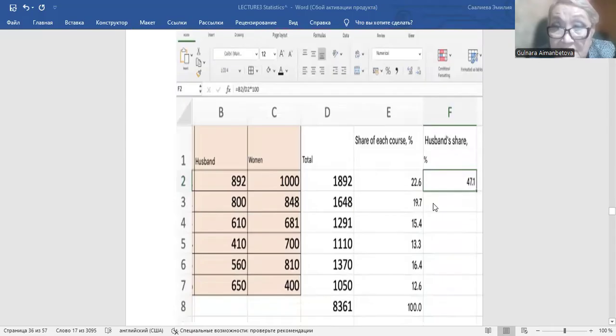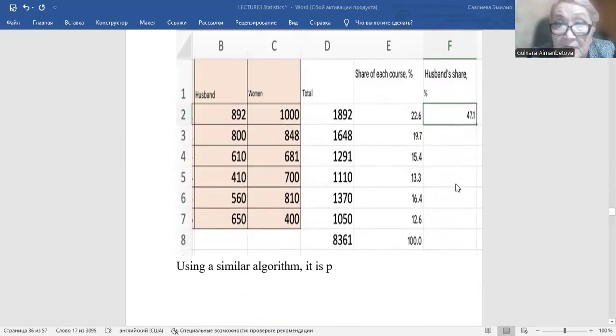And we receive 47.1% of male in the first year.